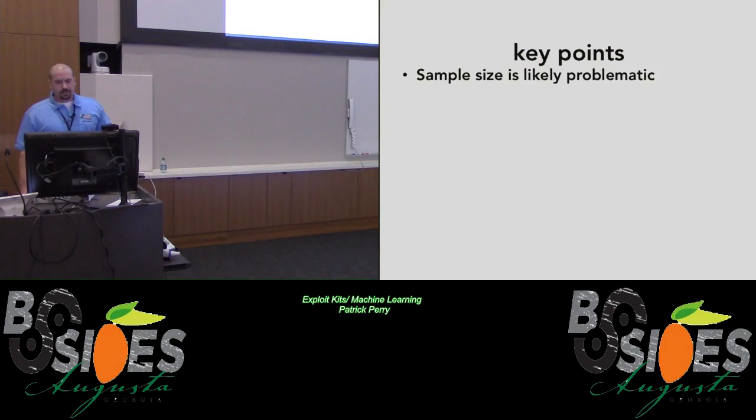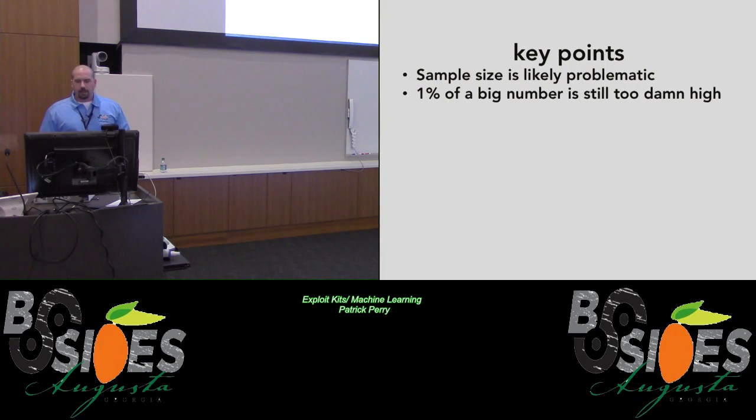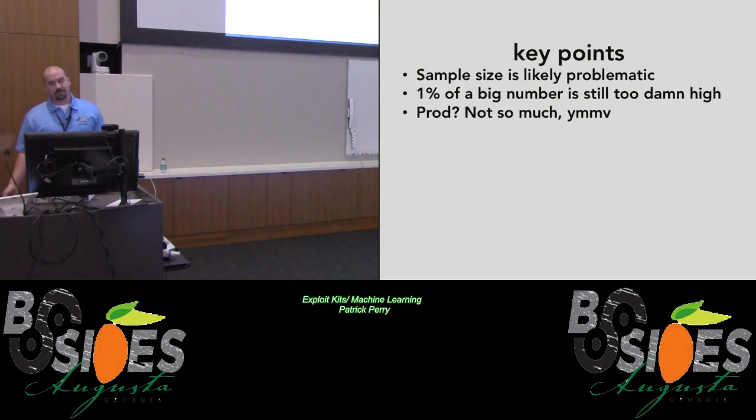Okay, so I think one of my issues might have been my sample size is likely problematic, just pretty small. I already made this point. Again, if you don't have a lot to look at in your board, which I don't know a lot of security practitioners that don't have anything going on, then maybe 60% rates are good for you, but I don't think it would work for me.